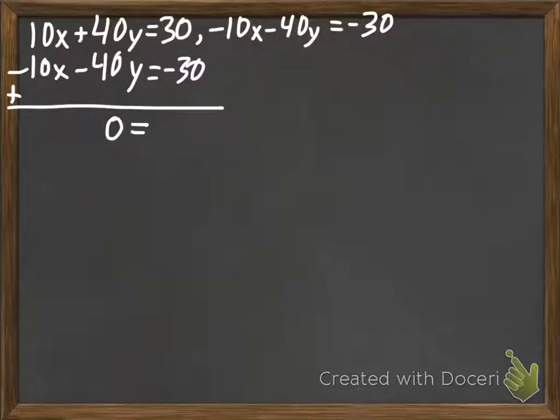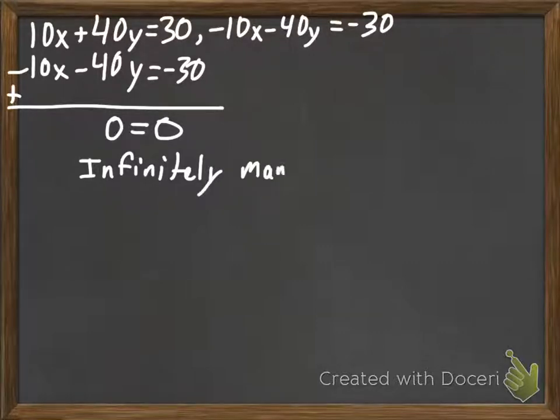I can't just leave it blank. 30 minus 30 is also 0. So when I tried to eliminate these, I got 0 equals 0. So that tells me, since this is true, that the answer is infinitely many solutions.